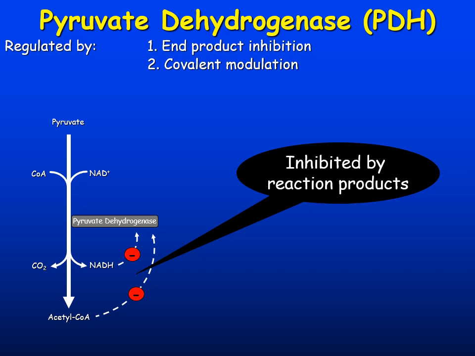Now, it may seem a little counterintuitive, but when you're starving, you'll actually have quite high levels of NADH and acetyl-CoA. The reason for this is that your body will be actively mobilizing fat. The process of breaking down fat is called beta oxidation, which we'll be telling you about soon in the fatty acid lectures.